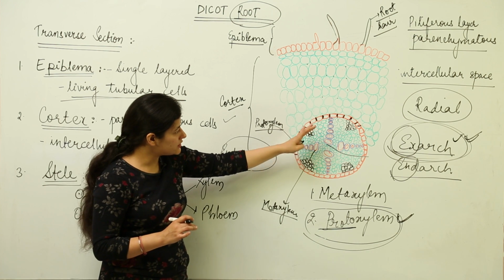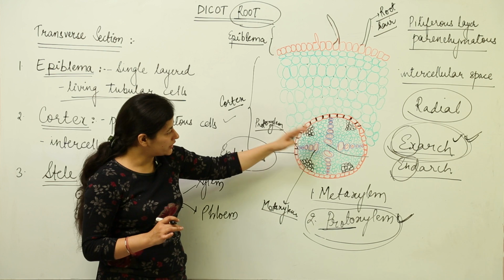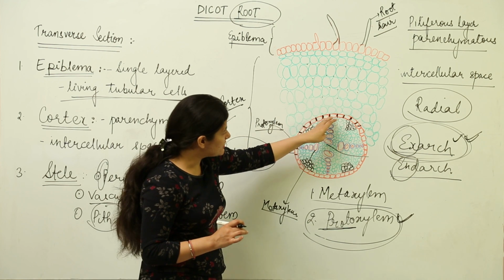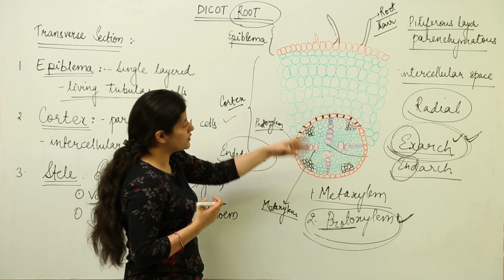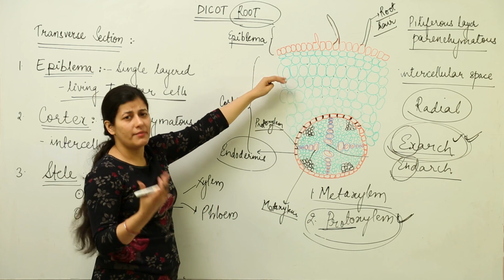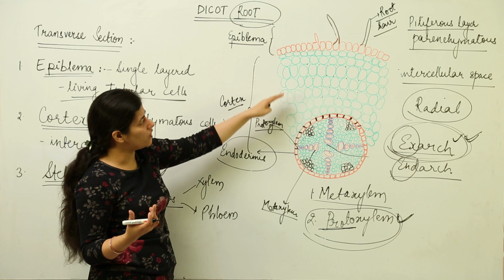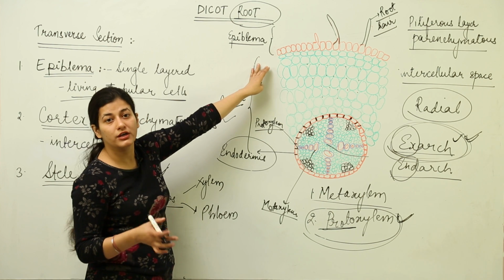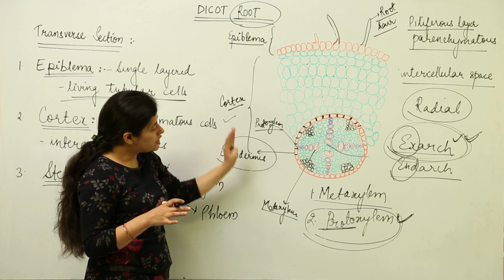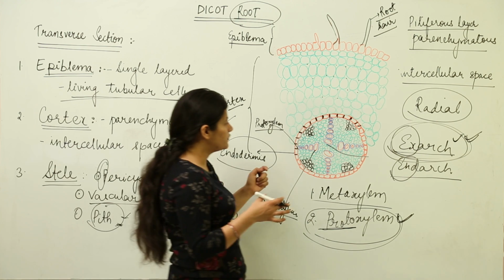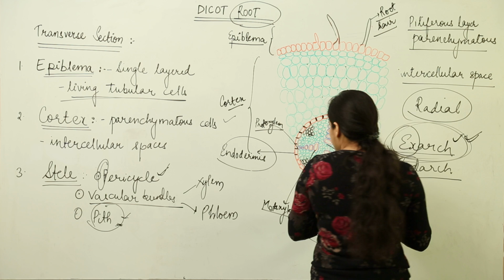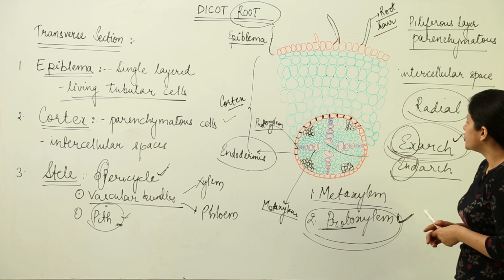Now phloem is present. In between the phloem there is conjunctive tissue, then there is pericycle that lies beneath the endodermis. Endodermis is having the Casparian strips. Few or many intercellular spaces are present in the cortex, and epiblema is having root hair. These things you have to keep in mind. This is what you have to remember in case of the dicot root.